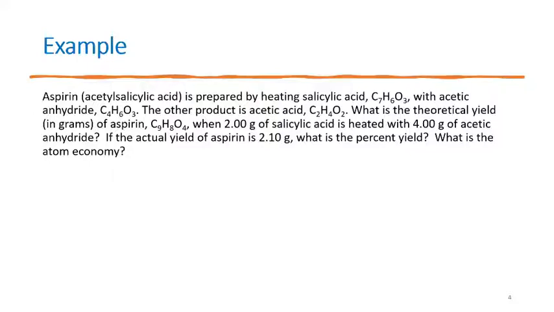The chemical name for aspirin is acetylsalicylic acid, and it can be prepared by heating salicylic acid, which has a chemical formula C7H6O3, with acetic anhydride, C4H6O3.